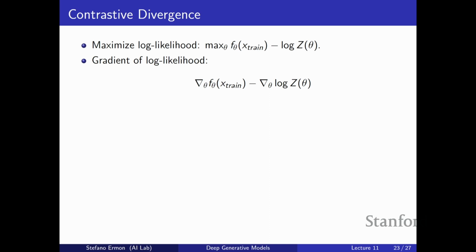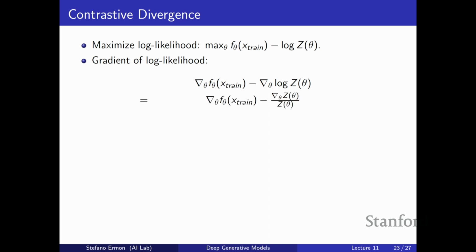The gradient of the f theta is trivial to compute. That's just your neural network. We know how to adjust the parameters so that we push up the output of the neural network on the training data point that we have access to. What's more tricky is to figure out how changing theta affects the total amount of unnormalized probability mass.